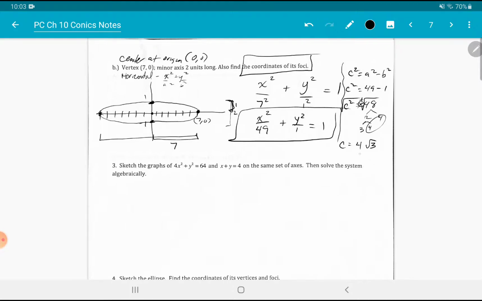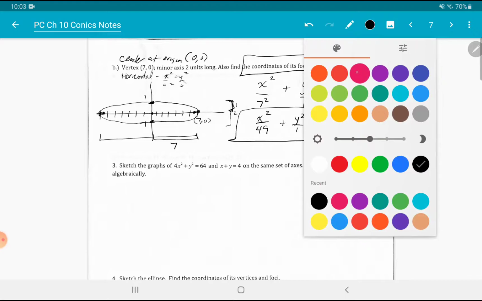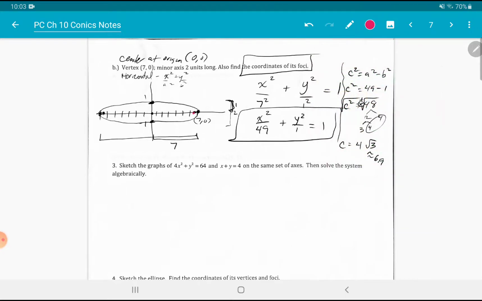So remember, this is not the foci. The foci are actually at the coordinates of (c, 0), with the c value being a length of 4 root 3. 4 root 3 is about, I'd say, 6.9 or so. So, here's (7, 0). So our foci is actually going to be really right around that area. That's why the ellipse is so slender, because the foci have been stretched out so much that you now have a really slender ellipse.